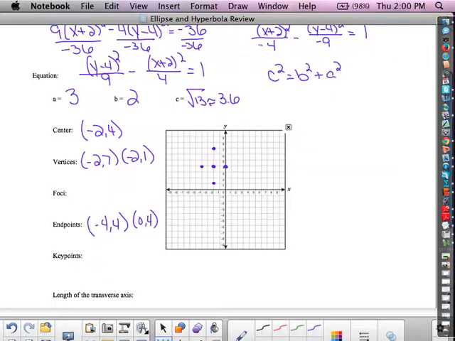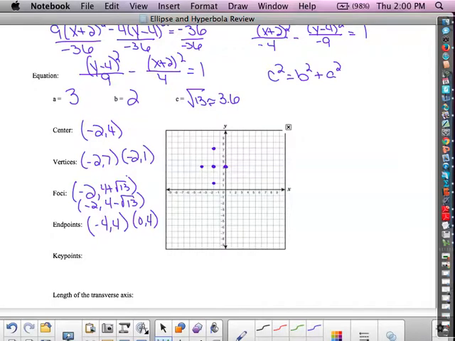Foci are going to be 3.6 units, or the square root of 13, from the center. Remember, they're going up and down, so they will shift on the y-axis, or the k value. So I have minus 2, comma, 4 plus root 13, and minus 2, 4 minus root 13.